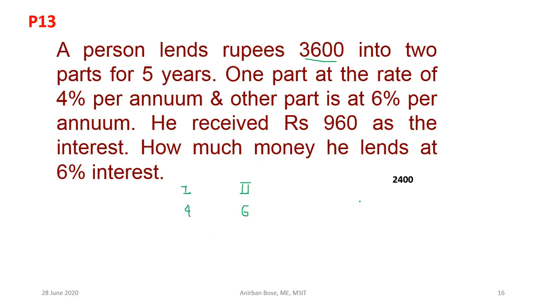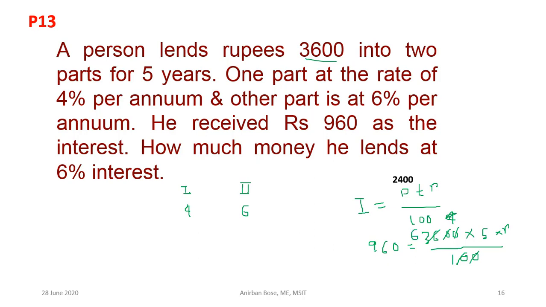So what is the overall interest he got? To get that, we can use this formula: interest is equal to principal into time into rate of interest divided by 100. So the interest he got is 960, principal was 3600, right? And the time, you know, 5 years. This is the overall interest rate you want to know. So if you do this calculation, if you cancel by 6, it will be 160.